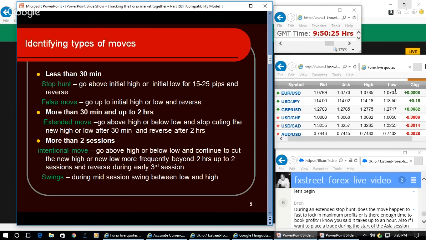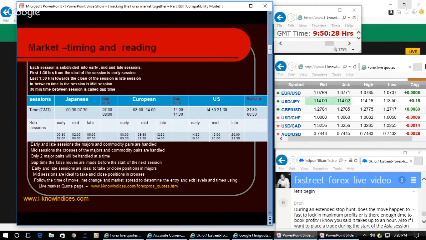During the start of the day, 0000 hours, they start making a small up and down move. Up to 3:30 GMT, they try to set the high by breaching that initial high, and the initial low.